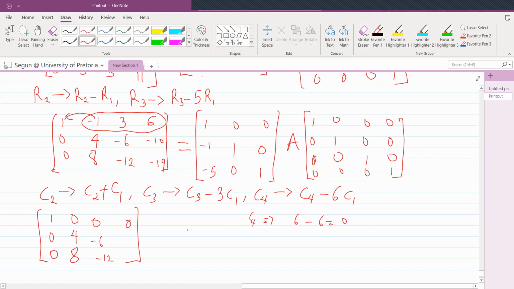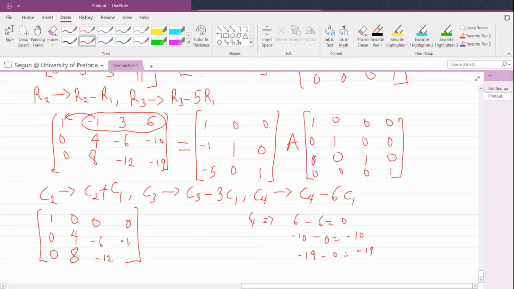Put 0. Then minus 10 minus 0 is still minus 10. Minus 19 minus 0 is still minus 19. Don't bother yourself about, oh, this figure is getting bigger. Just continue.